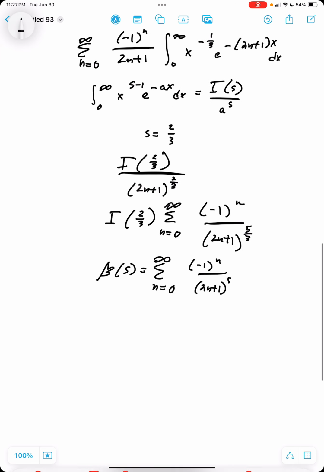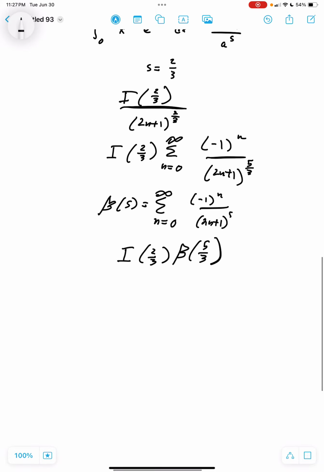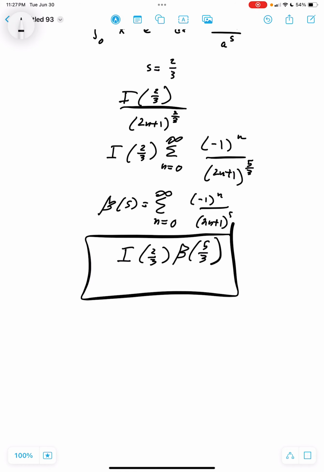And therefore, I can say that my integral must be equal to gamma of 2/3 times beta of 5/3. And therefore, that right there will be my final answer. Gamma of 2/3 times beta of 5/3.